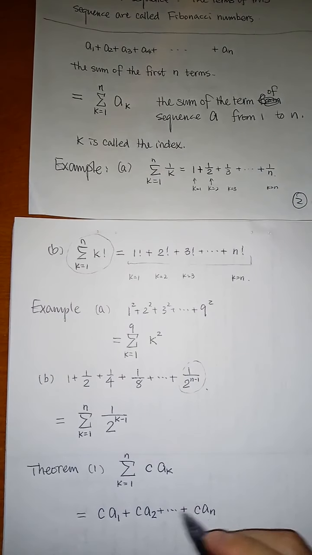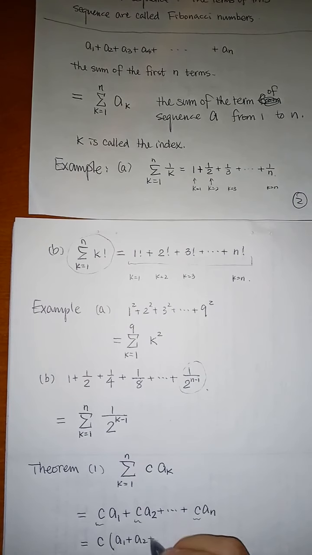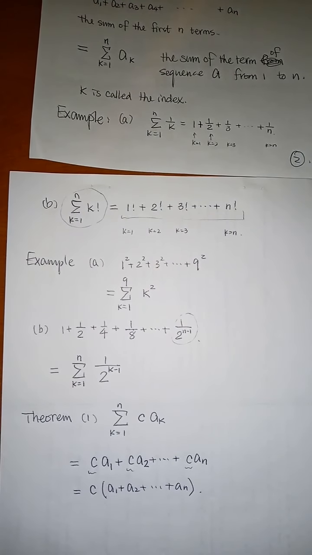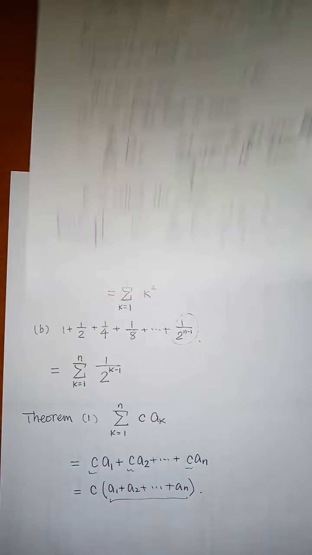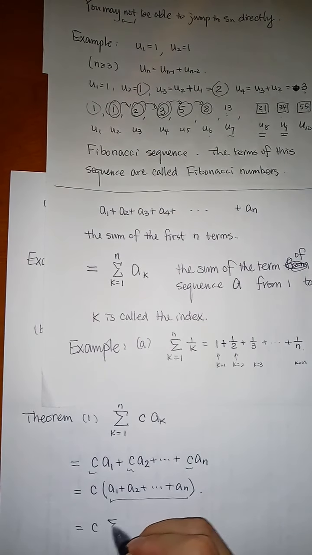For addition, if all the terms have the common factor, you can factor them out. Factor this common factor. So you factor c, you will get a1 plus a2 plus an. And this is, you see here, by our notation, this is exactly the sigma k from 1 to n ak.